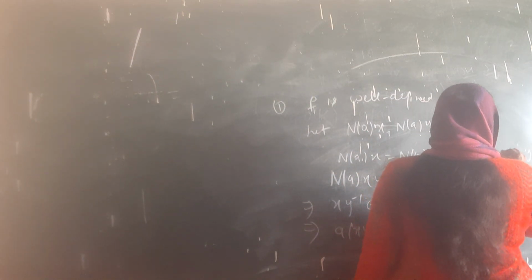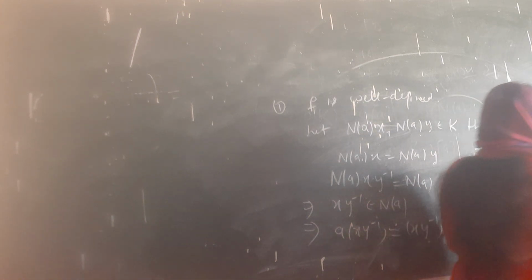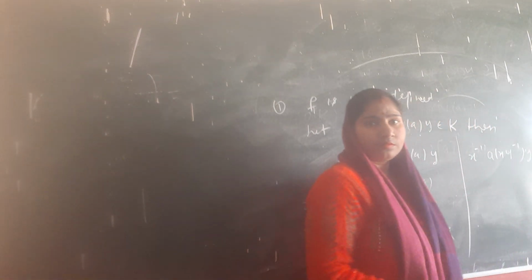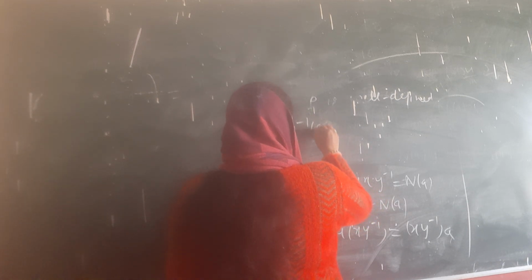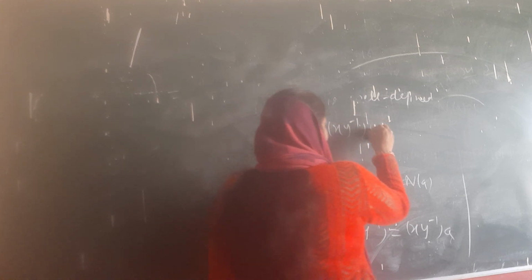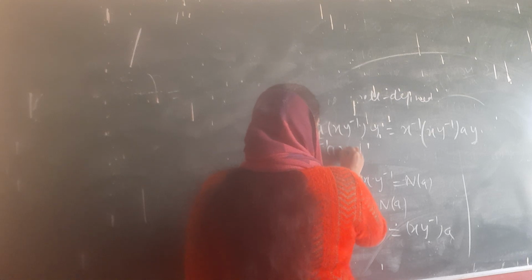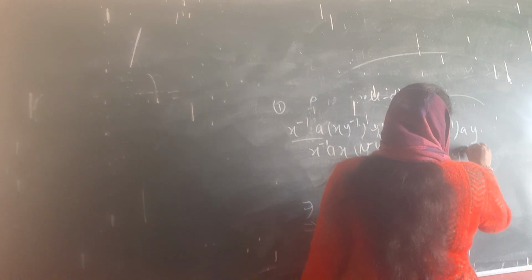We can write x inverse A x y inverse y is equal to x inverse x y inverse A y. यहाँ से हमारे पास क्या हो जाएगा: x inverse A x y inverse y, which is equal to x inverse x y inverse A y.